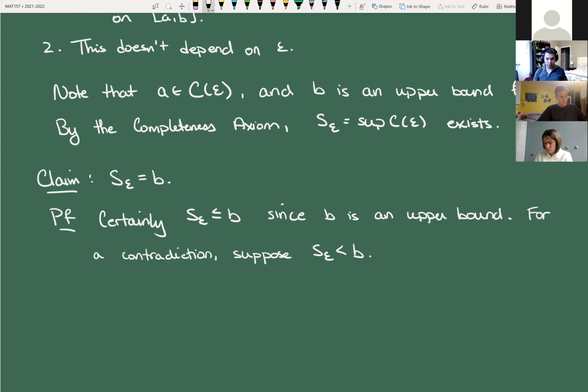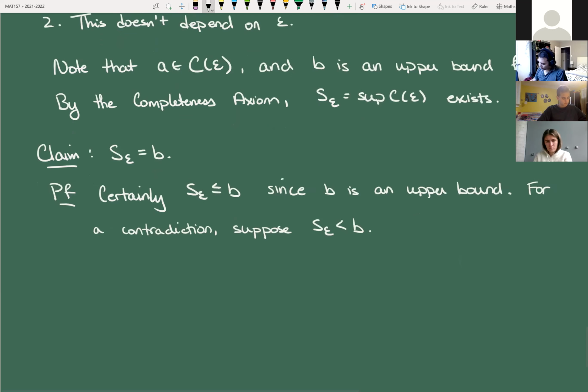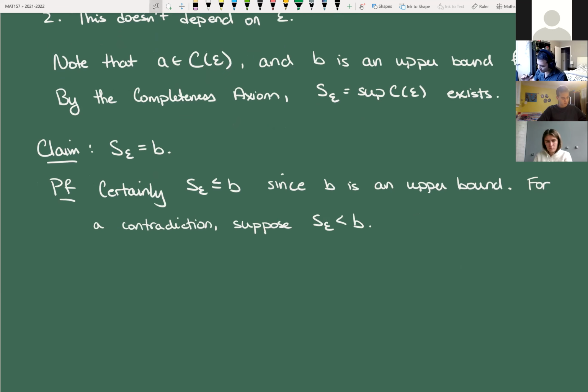Okay, strictly less than B. Whew. So this means that S epsilon is in the interval AB, right? And so f is continuous at S sub epsilon. Not uniformly continuous, just continuous.